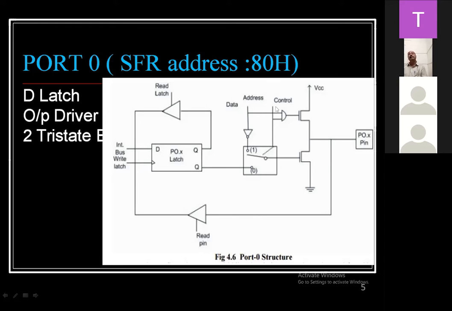Definitely in the MCQs I will put this type of question, so it is very important. Note it down. And when control pin is equal to 0, it will work as a normal bidirectional input output pin.